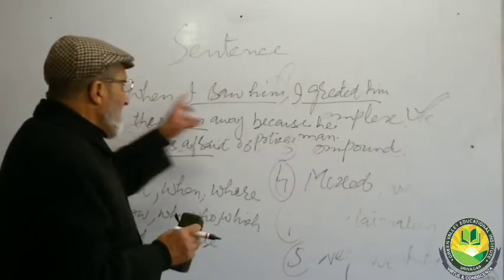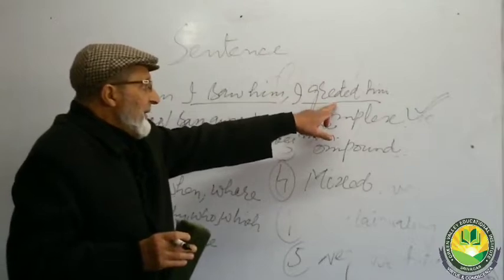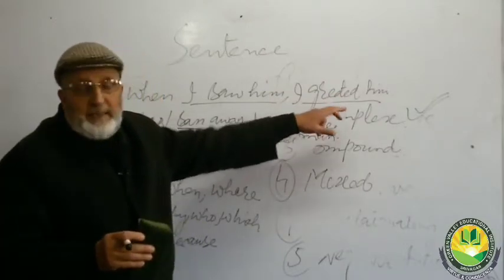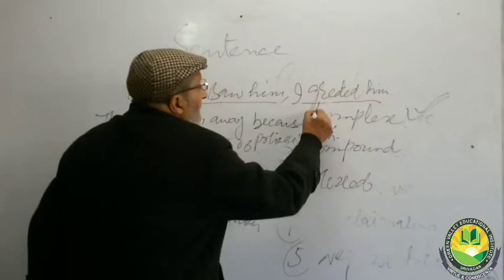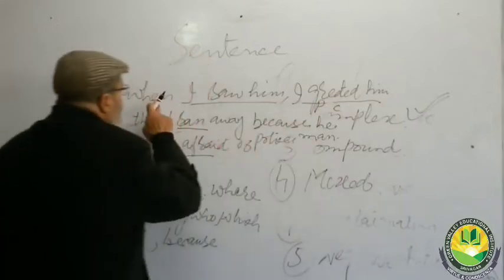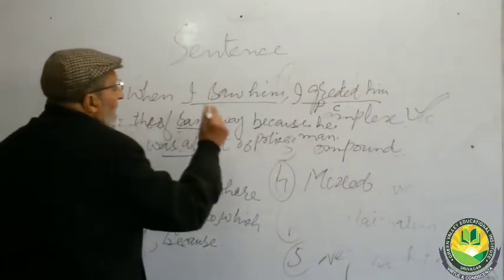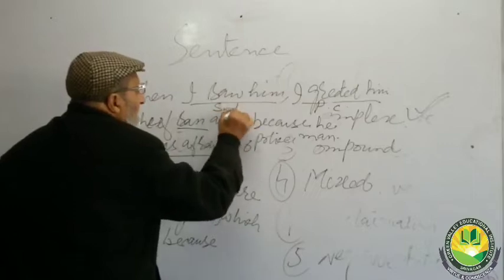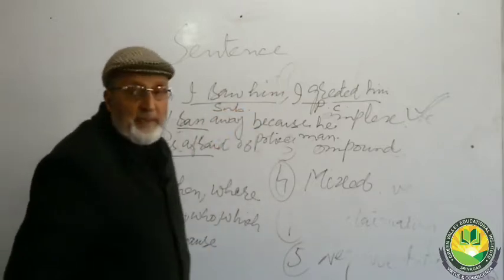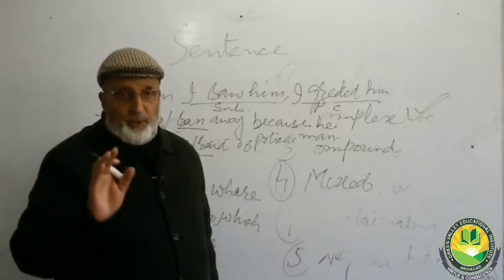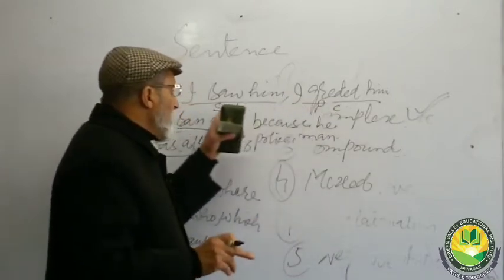Here in this sentence, I greeted him acts as the principal clause, and this, since it starts with a connective, acts as a subordinate clause. So it has a principal clause and a subordinate clause.